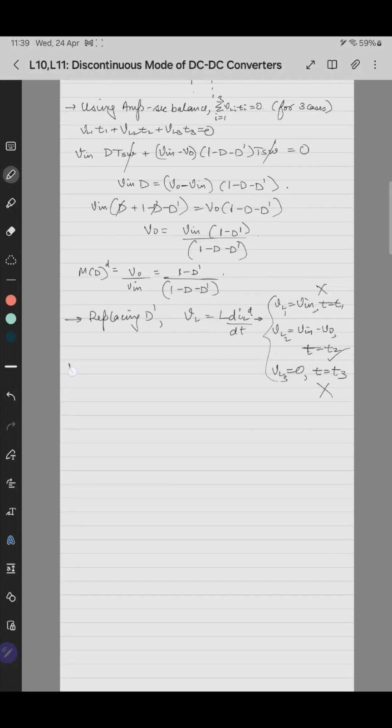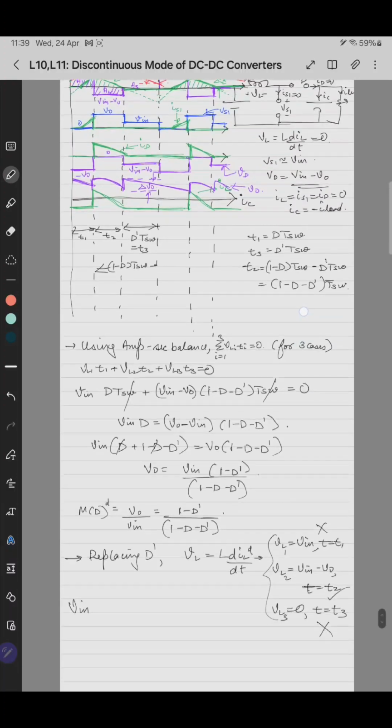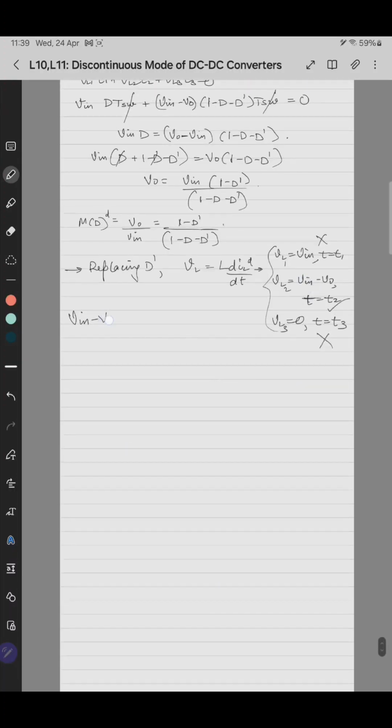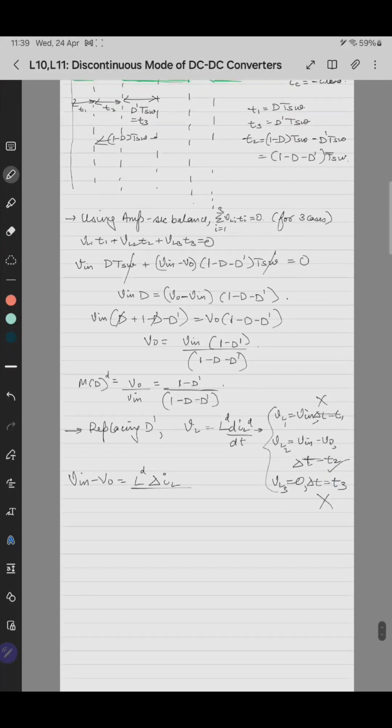So VL2, that is V in minus V naught, equals L in discontinuous conduction mode, because L is different, into delta IL by delta T. What is delta T? Delta T is T2. What is T2?